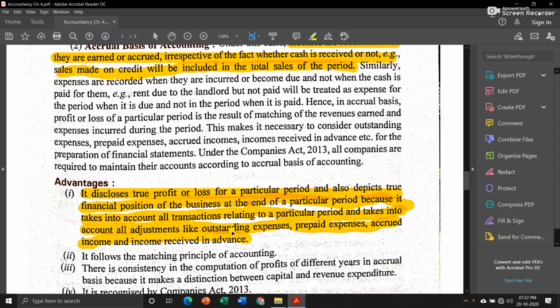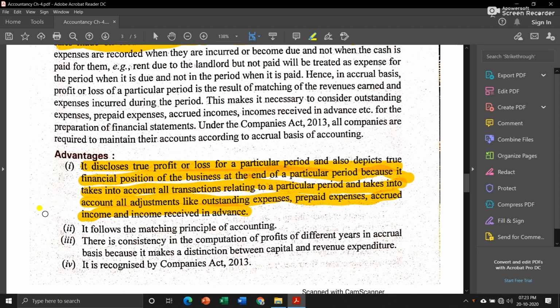Since this basis of accounting treats all the transactions related to a particular period in the same manner as cash transactions, it gives us a true view of our business. It gives the true nature of the business, that is whether we are earning profit or loss. Okay, then it follows the matching principle of accounting.